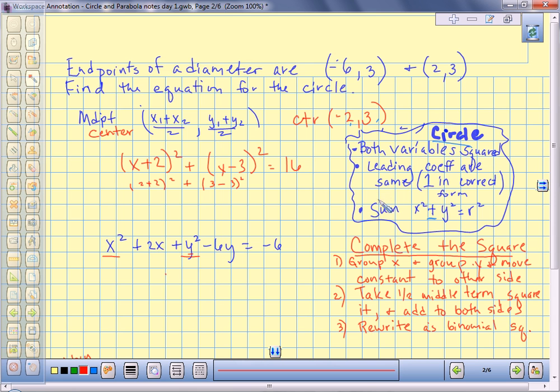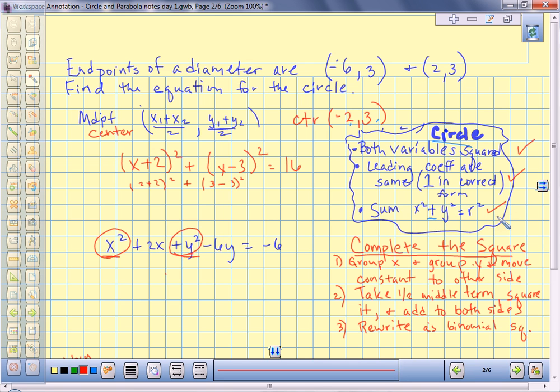Are the leading coefficients the same? Yes. Understood 1, understood 1. Check. And when we get it in the correct form, it'll always be 1. Is it an x squared plus a y squared? Is it a sum? Check. So I know it's a circle, even though it's not in the right form.